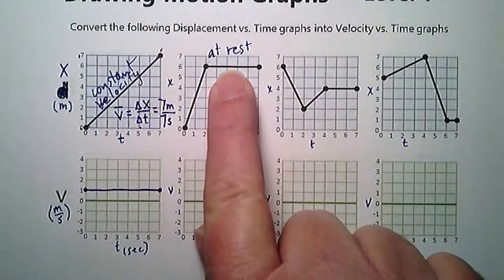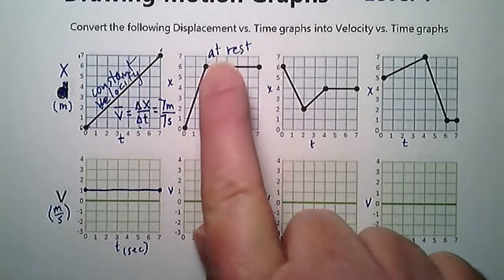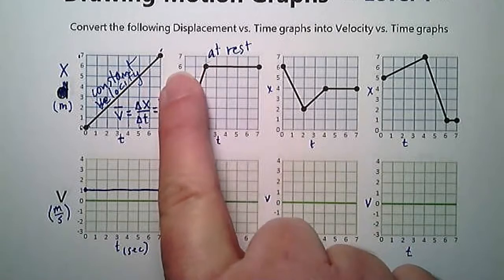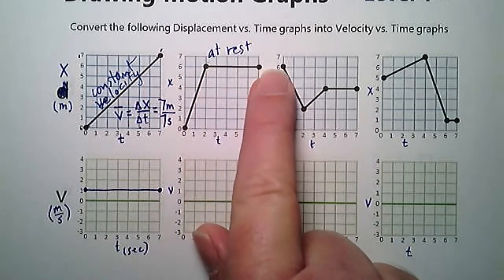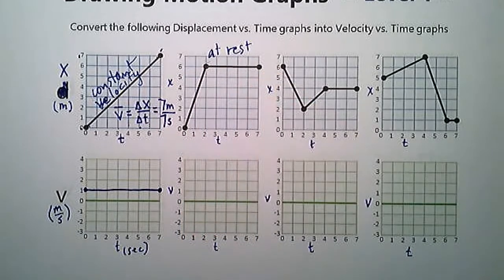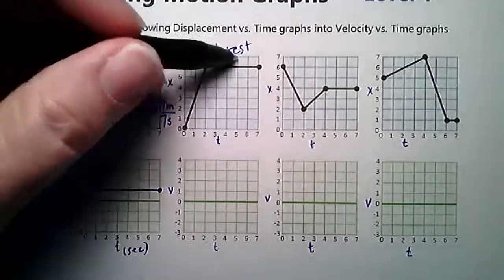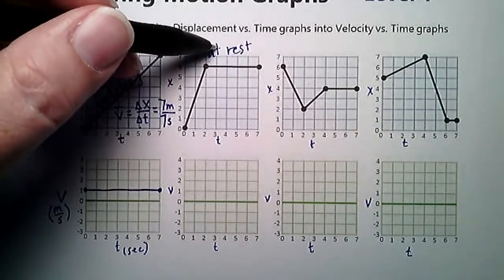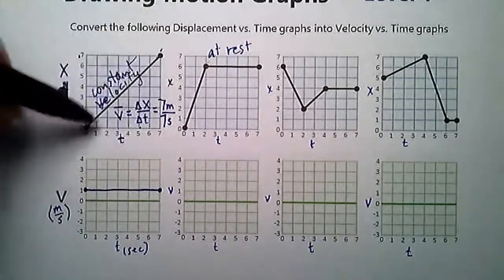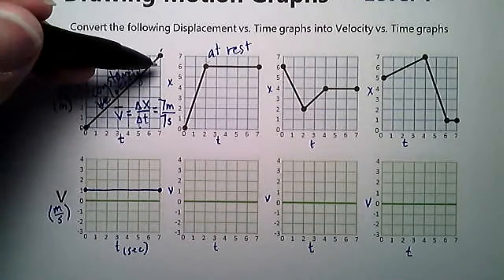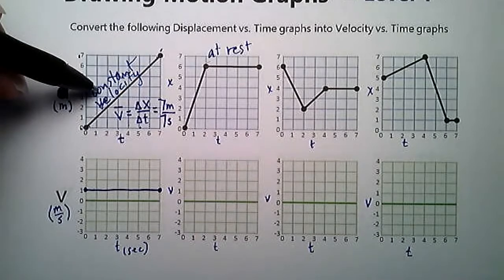All right, it is not moving here. I can tell because it stayed at 6 meters the whole time. It never deviated from that. So a horizontal straight line means you're at rest. A straight line that is at an angle like this one is constant velocity.